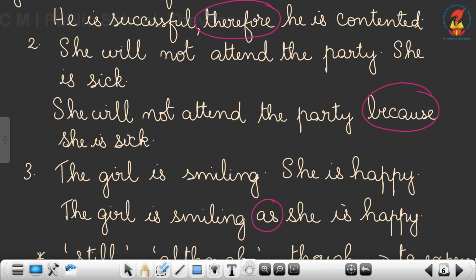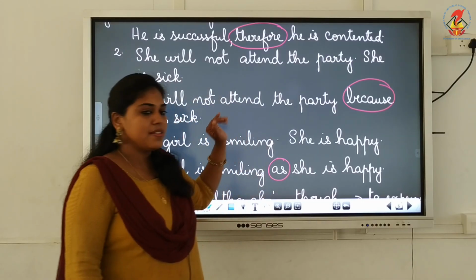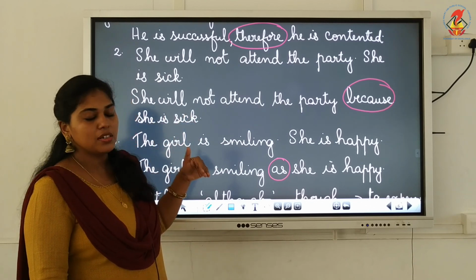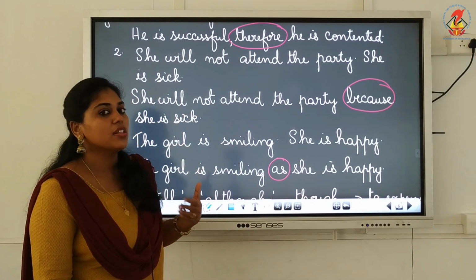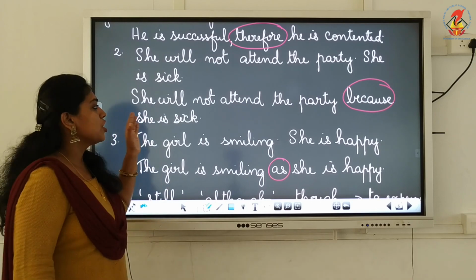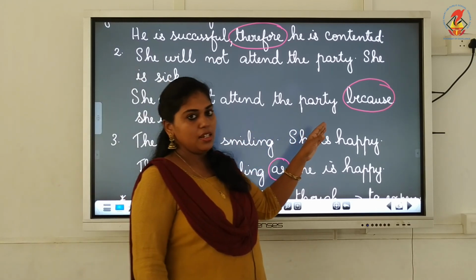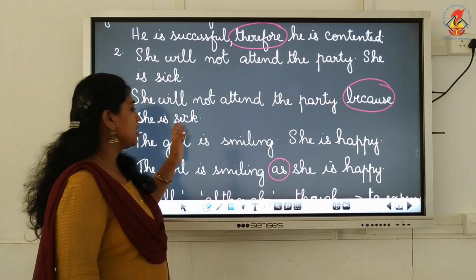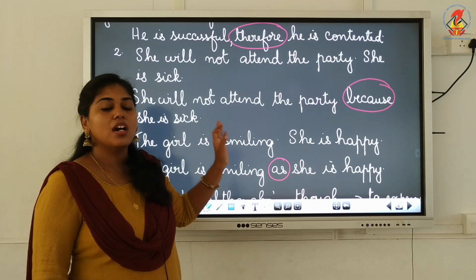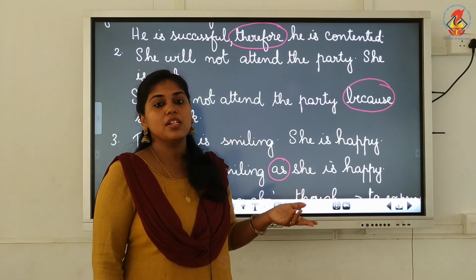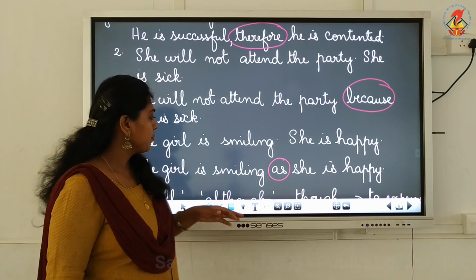She will not attend the party, she is sick. So here the reason that she gives for not attending the party is she is sick. So how will you write it? By using the conjunction. She will not attend the party because she is sick. So here we are giving a reason for the statement said by us in the beginning.